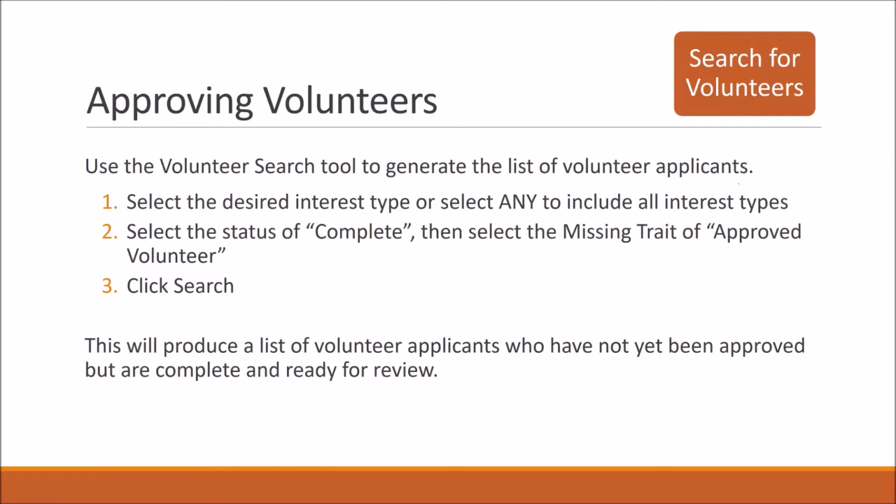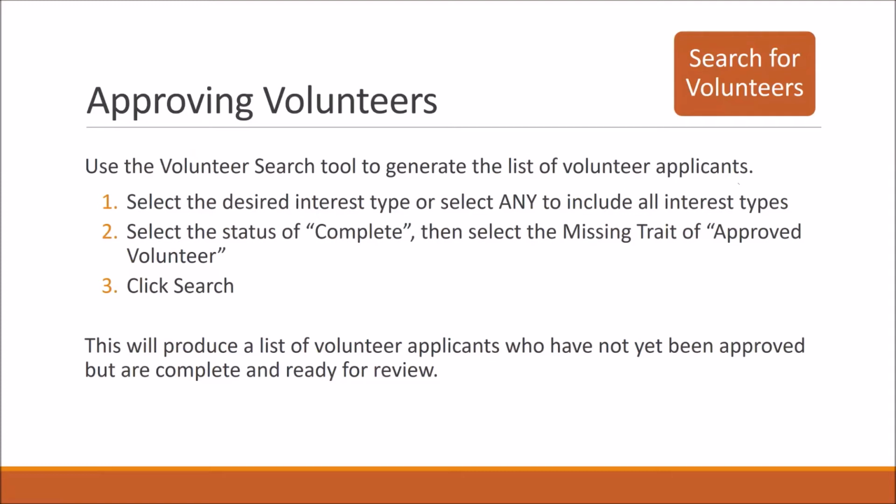Then you're going to select the status of complete, because we want to look at the volunteers that have submitted all the information we need in order to actually clear them. And we want to select the missing trait of approved, because we don't want to look at the people we've already approved. We just want the people that have done all those steps, but we haven't had the time to approve yet.